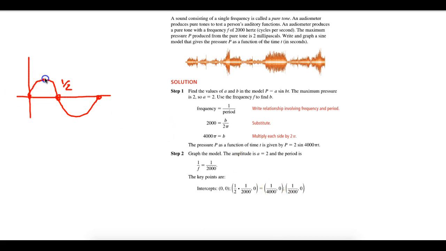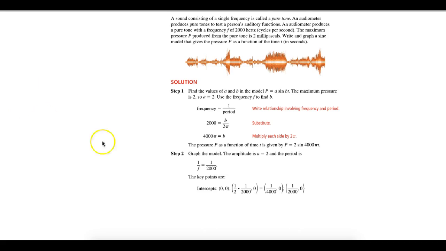The other key points that we have to find are the maximum and the minimum. Now remember, from class and from last section, the maximum point is at 1/4 times your period, and the minimum point is at 3/4 times your period. And in this case, because our amplitude is 2, these are going to be at +2 and -2.